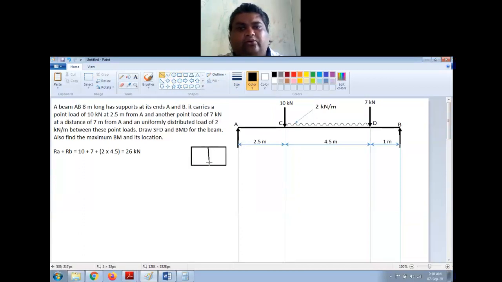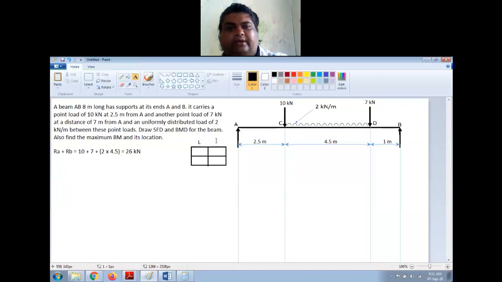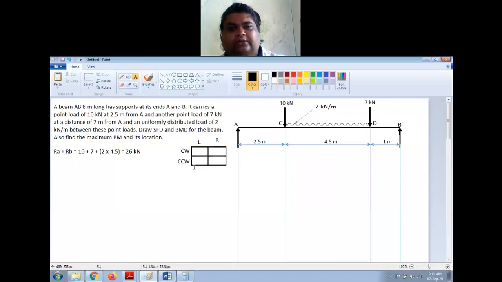So what you have to do is you just draw a box like this with 4 cells, and on top you write here left, and this is right, and here you write clockwise, here you write counterclockwise, right?